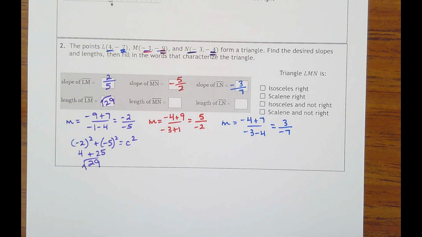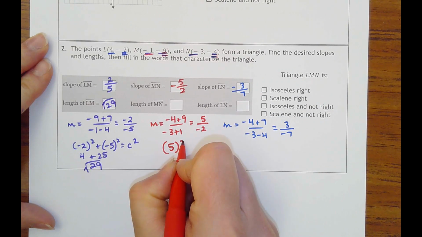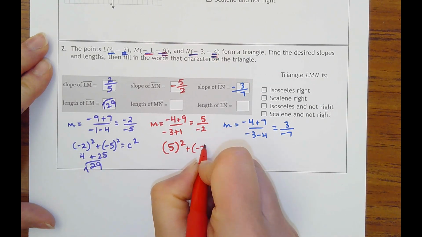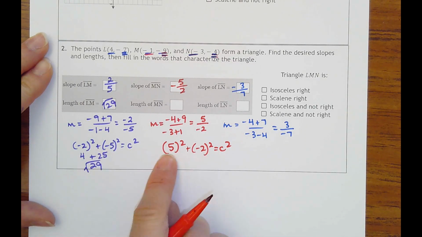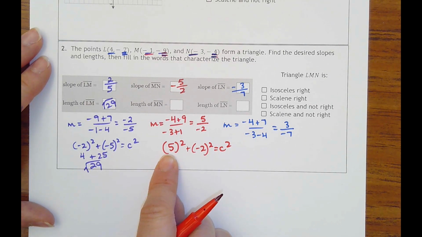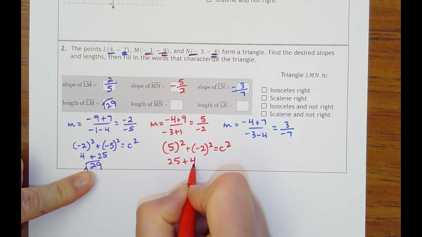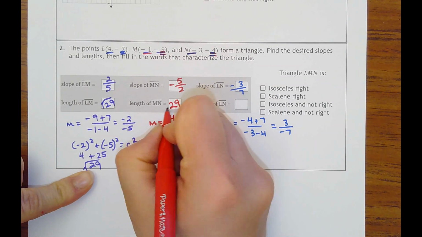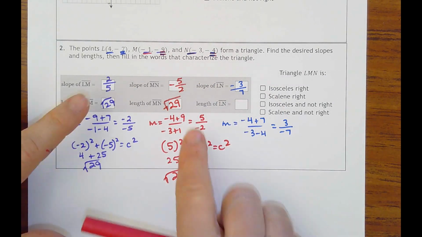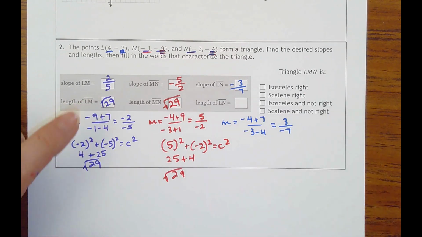On the next one, these are my legs. So I would have 5 squared plus negative 2 squared equals c squared. That's the exact same thing here. The positive and negative don't really matter because squaring a negative makes it positive anyway. So that would be 25 plus 4, or 29. It would be the square root of 29. So I see that this time, not only is it a right triangle, it should be isosceles.